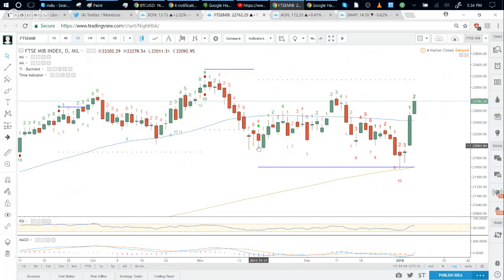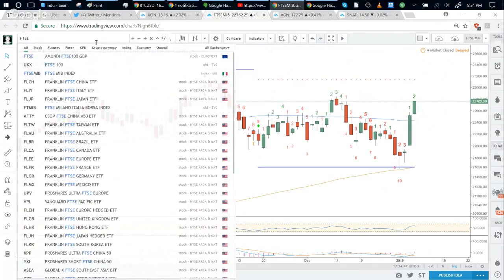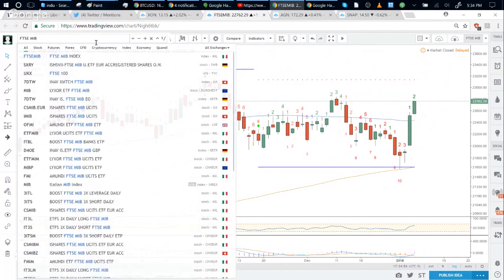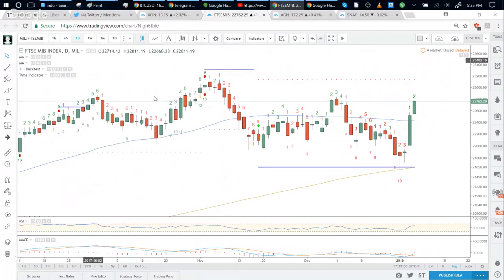Well, yeah, you know what? My index is slightly different than what I see on Bloomberg. Hold on. Is there another FTSE MIB that I'm not using correctly? It's got to be the only one.